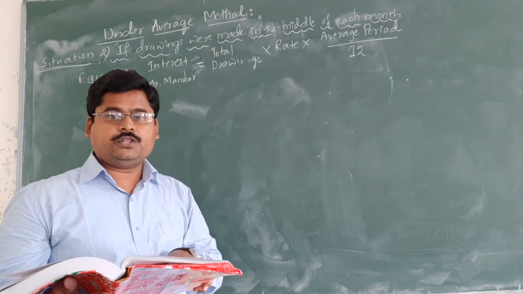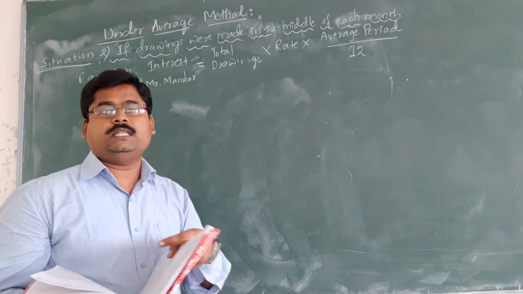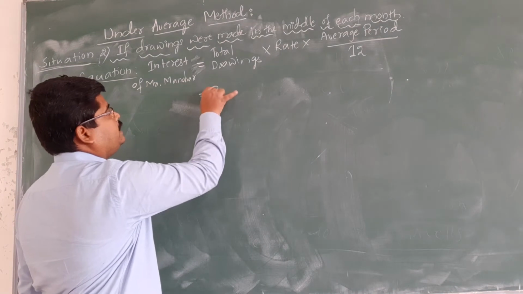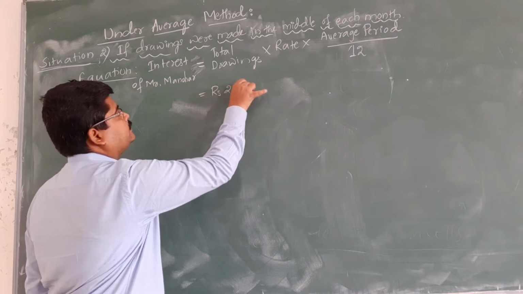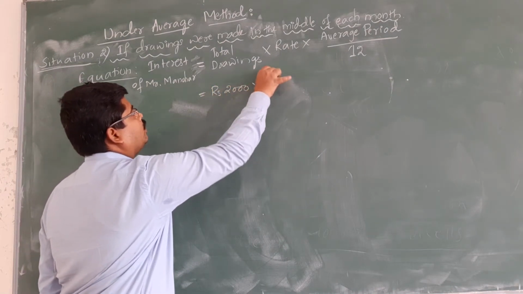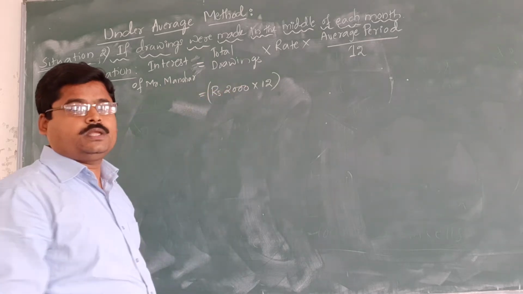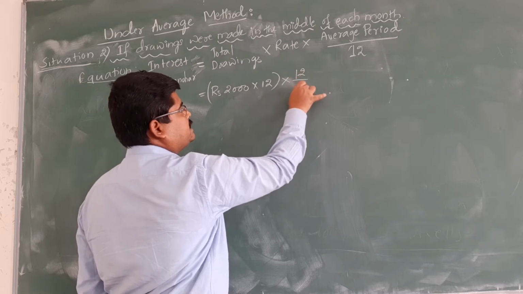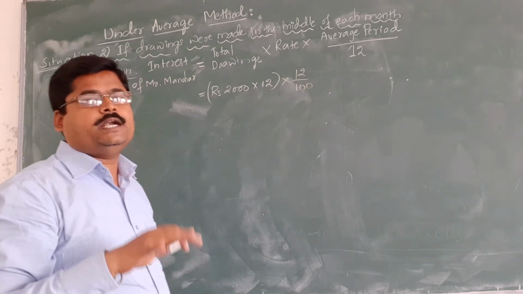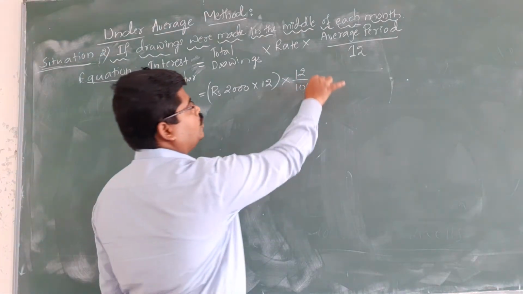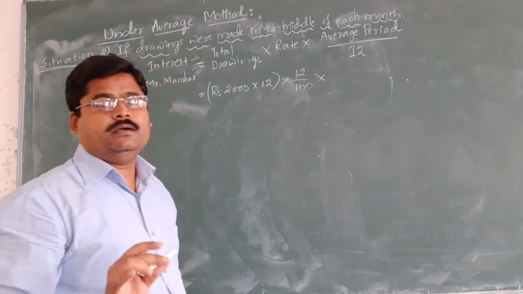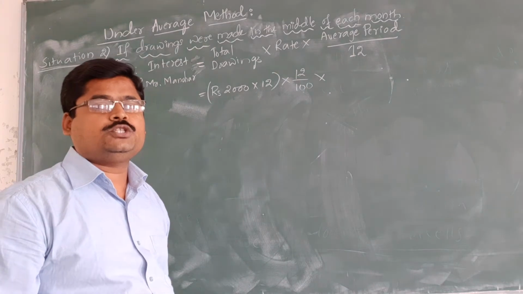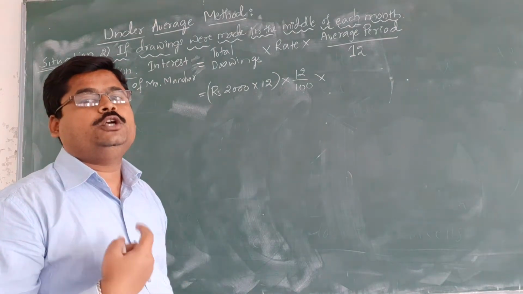Mr. Manohar withdrew rupees 2000 in the middle of each month, so I will write rupees 2000 per month into 12 months. Into rate, they have clearly given 12%, that is 12 divided by 100, into average period. Average period means longest period plus shortest period divided by 2.